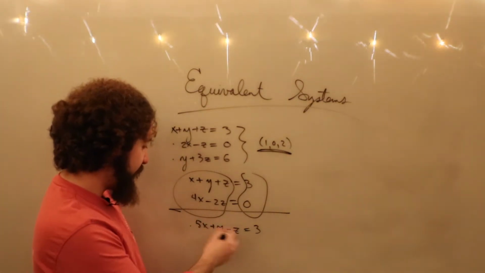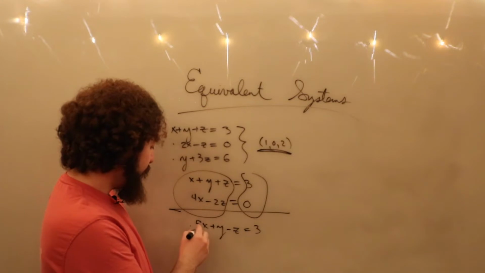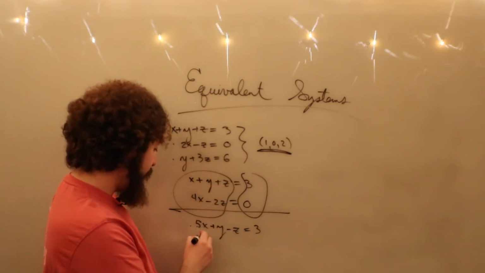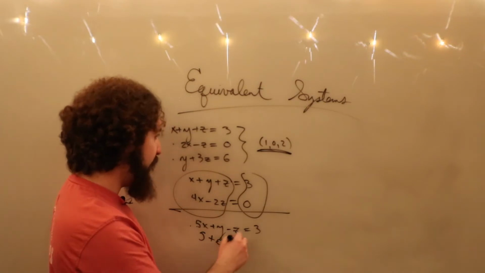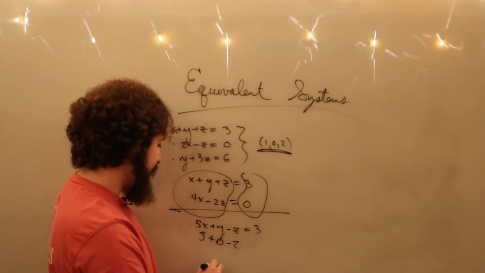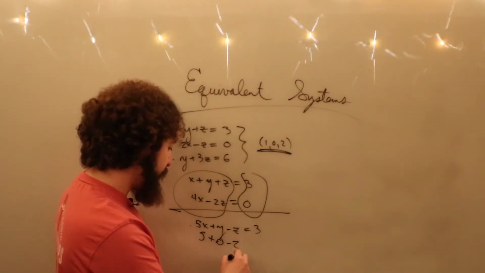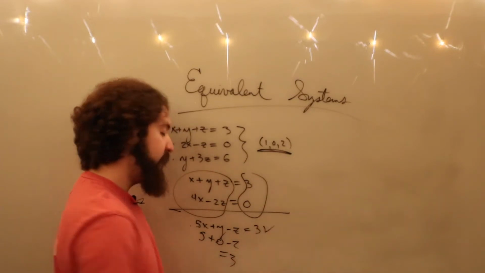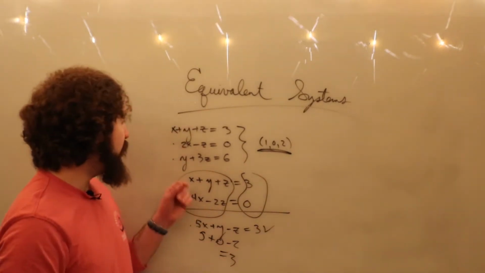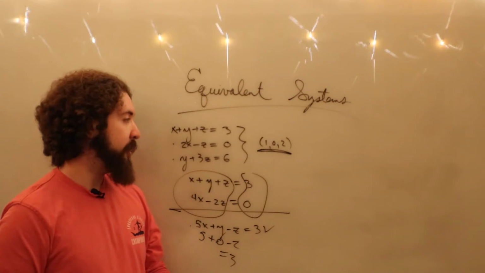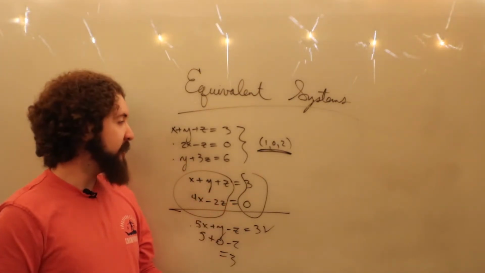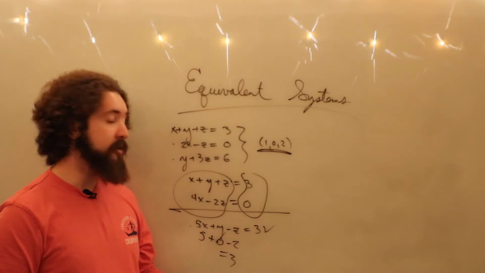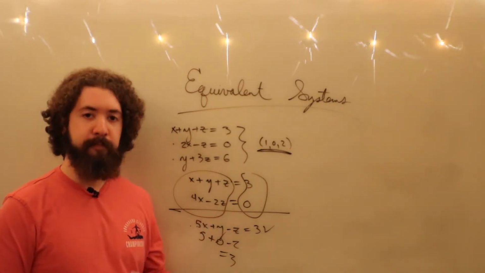So let's just check this last one. 5 times 1 would be 5, plus 0 for y and minus 2 for z is equal to 5 minus 2 is equal to 3. So we do see that adding a multiple of one row to another row and replacing that other row with the result does give us a system of linear equations which is equivalent to the original.